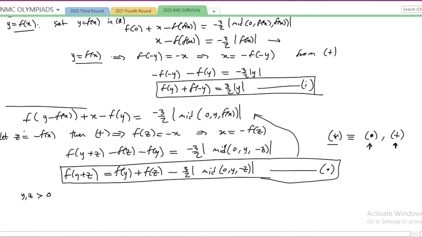So we'll assume that none of them is 0. So if they are both positive, then the mid is going to be 0, because it's going to lie between one of the positive, that's y, and the negative, which is minus z. So that way we've gotten rid of the extra term. So this is now Cauchy.